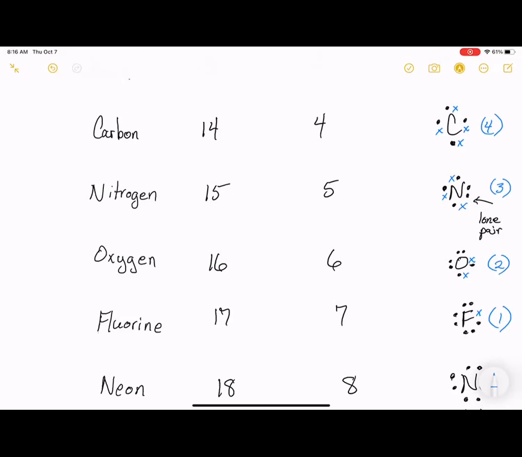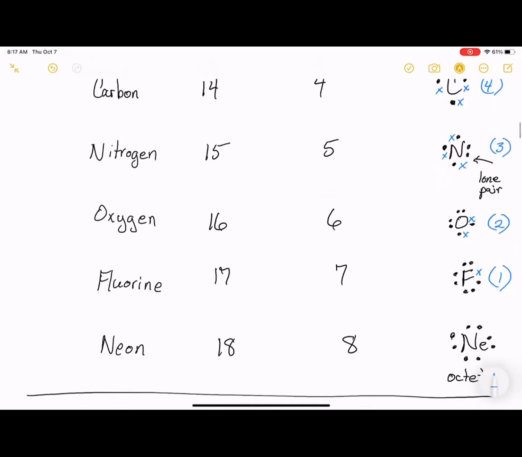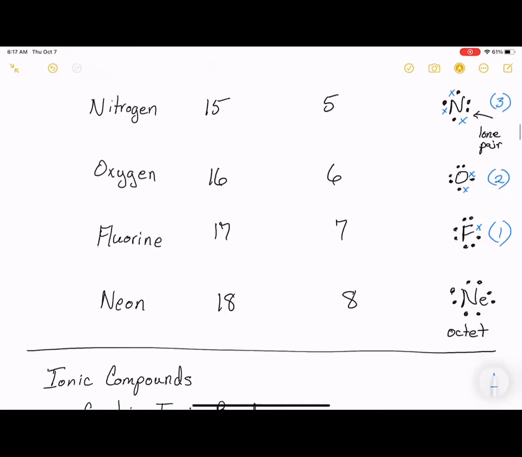And anytime you have a halogen that has formed a halide, meaning an anion of the halogen, you can guarantee it's absorbed 1 electron to form that octet. Again, basically all of these elements are trying to reach a noble gas configuration, which has the octet in its valence shell.